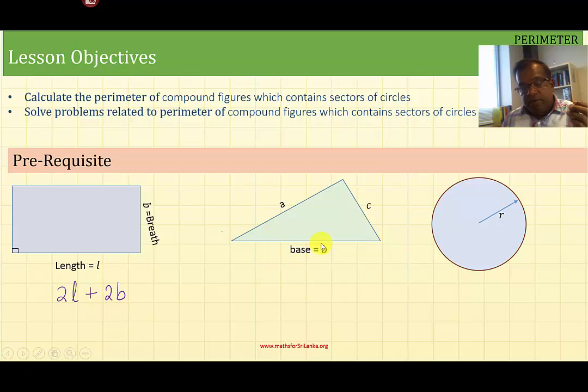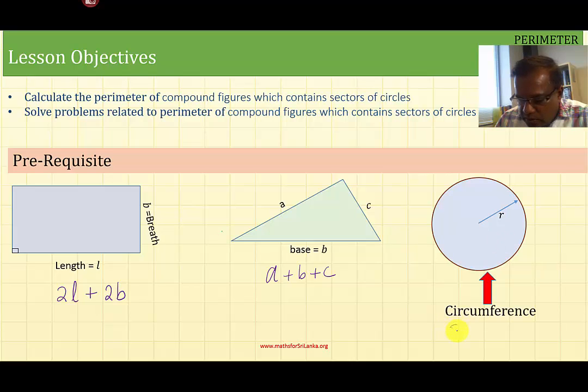And the perimeter of a triangle of sides A, B, C is simply A plus B plus C, the length of the three sides. And the perimeter of a circle, or we call it the circumference, is given by 2πr. r is the radius, and the 2π is the angle at the center, the angle around the center.